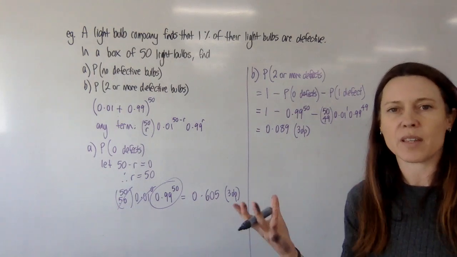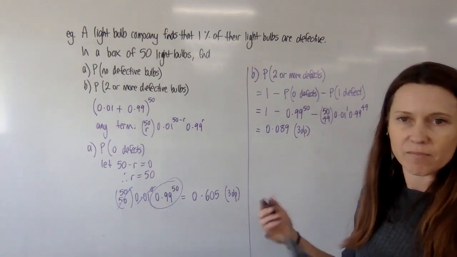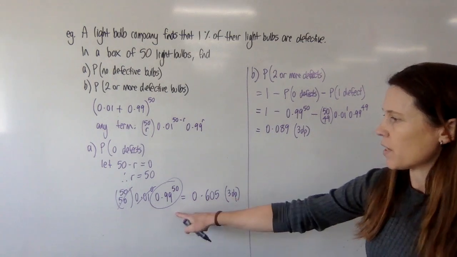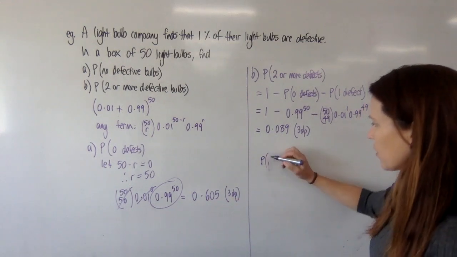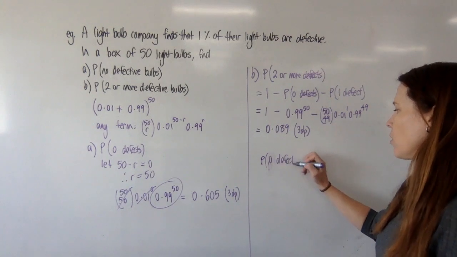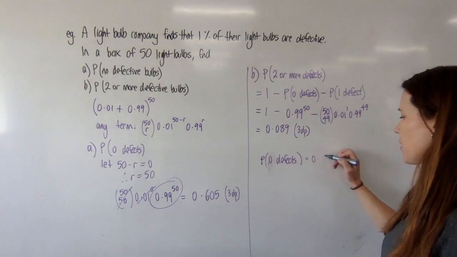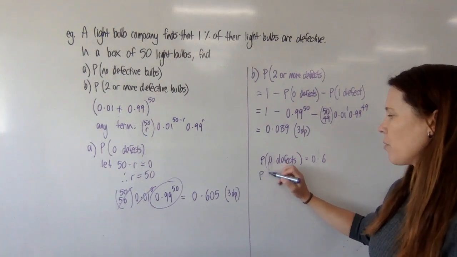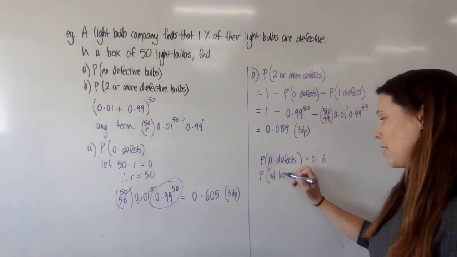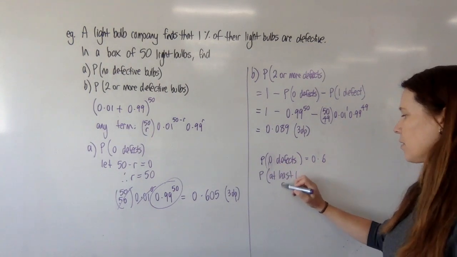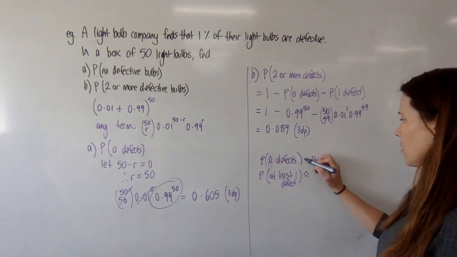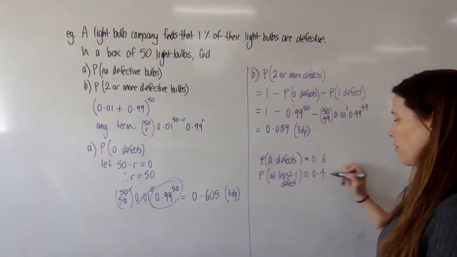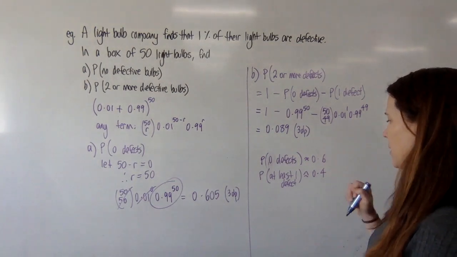Now just always think back, does this make sense? Does it feel sort of right? We've seen that the probability of getting 0 defects was 0.6. So that means the probability of getting at least 1 defect is going to be roughly 0.4, because it's 1 minus that.